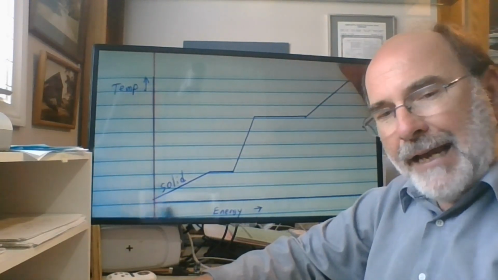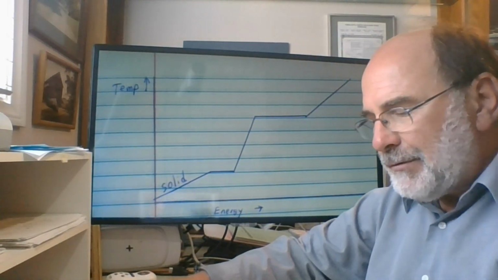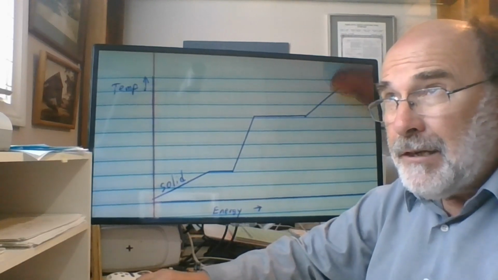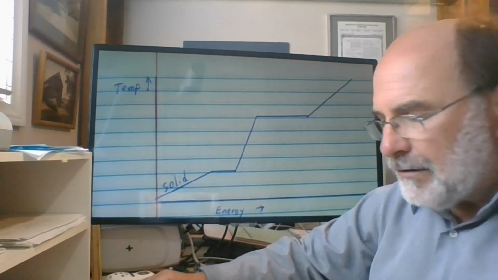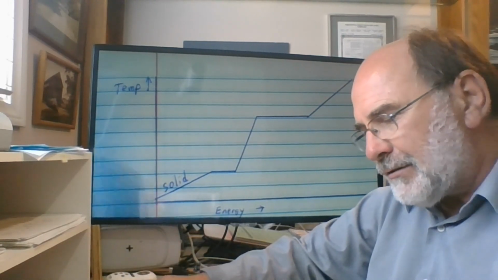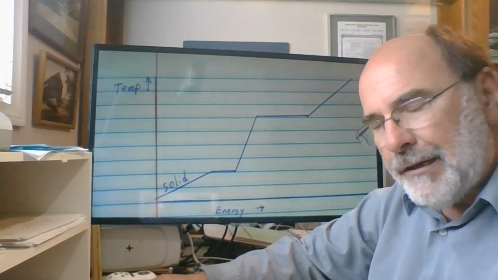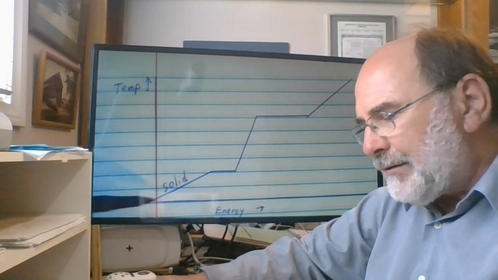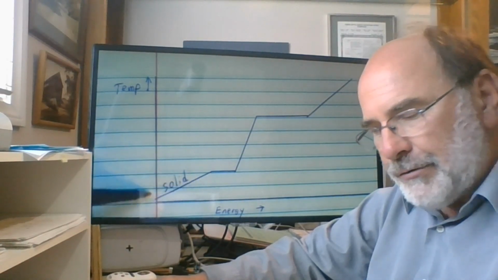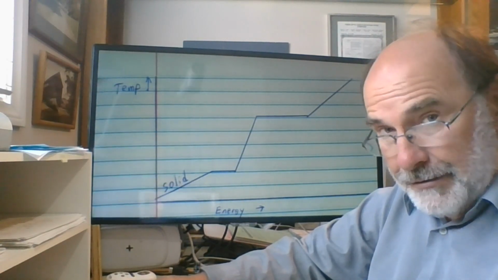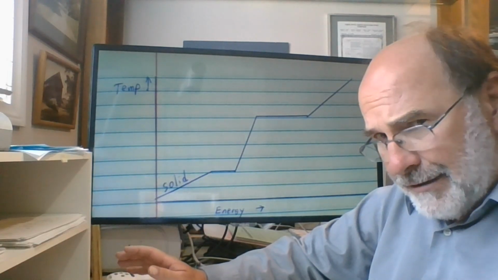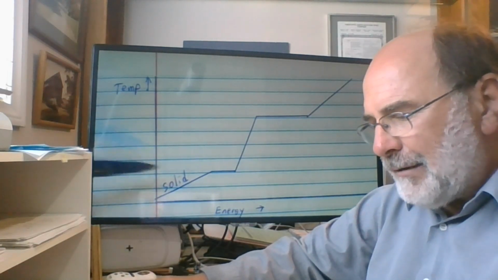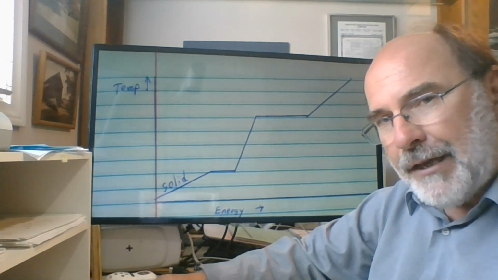Well, if I keep adding heat energy to it, which is what I'm doing on this bottom graph, you could think of it as like putting it on a hot plate and having it just stay on the hot plate for a long time. So starting at absolute zero, as I add heat energy to solid ice, it becomes hot ice, meaning it might be at 100 degrees below zero on the Celsius scale.